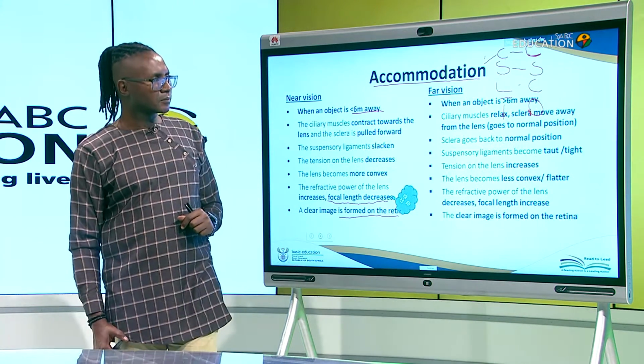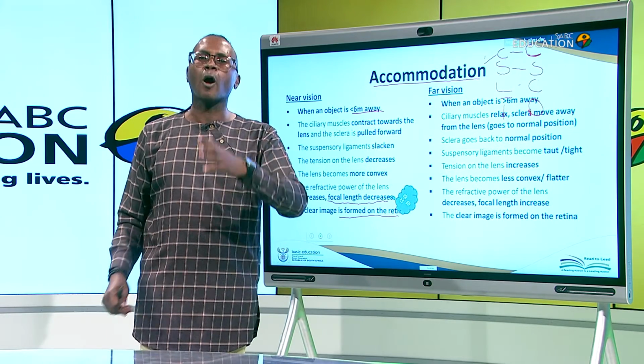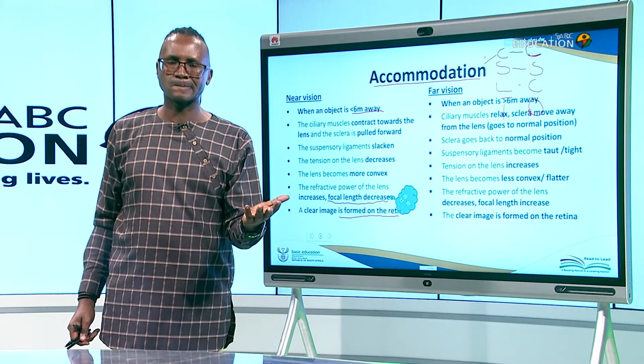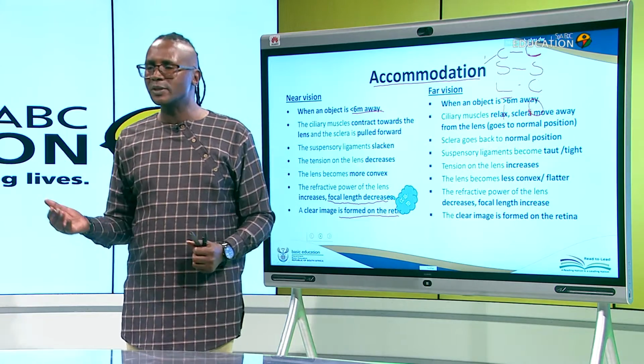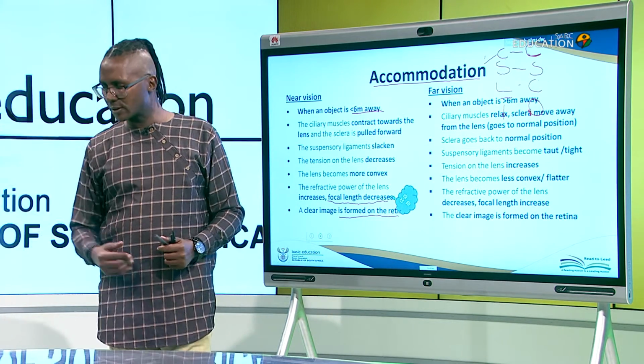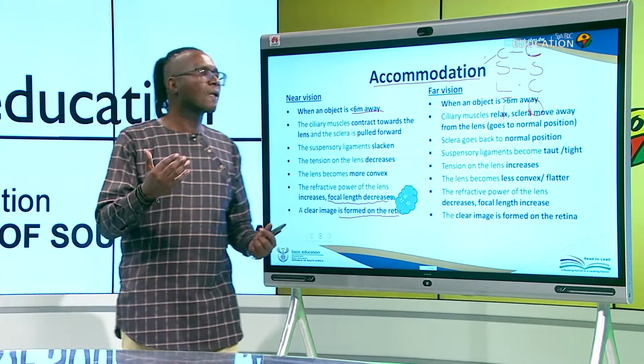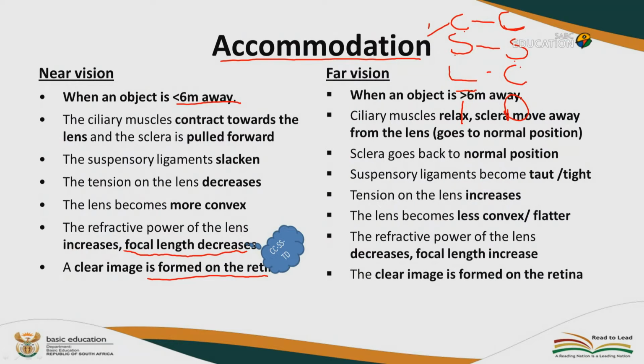Now, far vision. Far vision will be the opposite of near vision. Remember, with near vision, we said the ciliary muscles contract. Because it's far vision, the ciliary muscle will do the opposite.